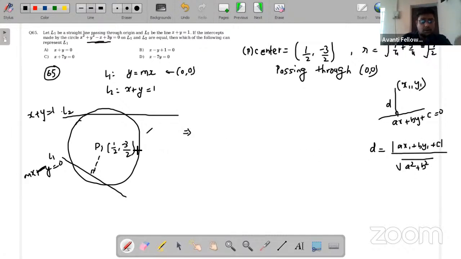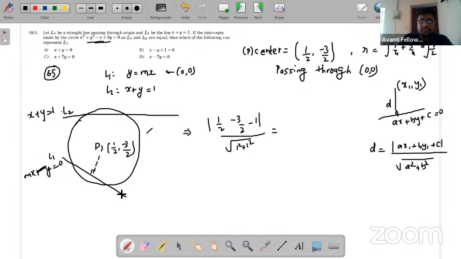Okay, so from P to L2, what will be the perpendicular distance? That will be 1 by 2, I'll put the point center on the line. So 1 by 2 minus 3 by 2 minus 1 whole modulus upon root over coefficients square, so 1 square plus 1.